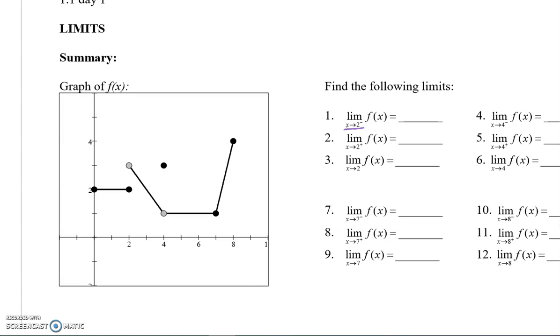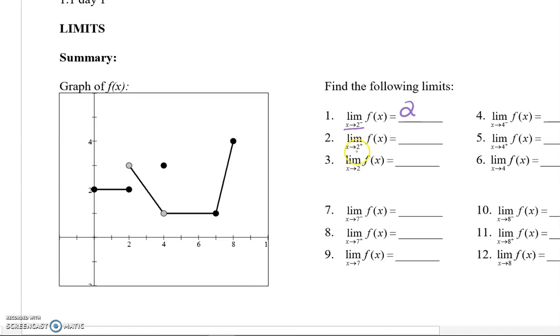To the left means you are starting with a number smaller than 2 for x, and then you approach it. So I'm going to start at like 1.9, and approach 2, and I want to know, what does y equal? From the left, the y value, the output value, approaches 2.